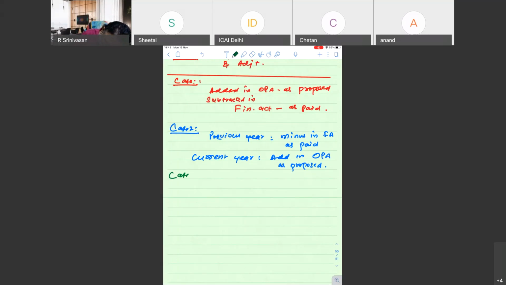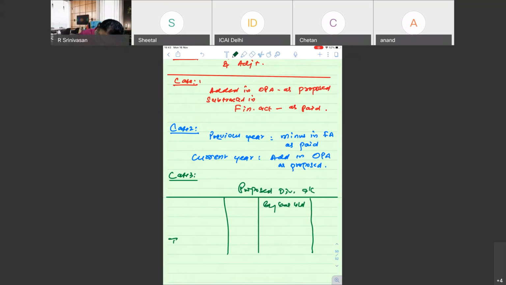Now case 3. So here we have to make the account, same way. Proposed dividend: by balance brought down, to balance carried down, by P&L account.